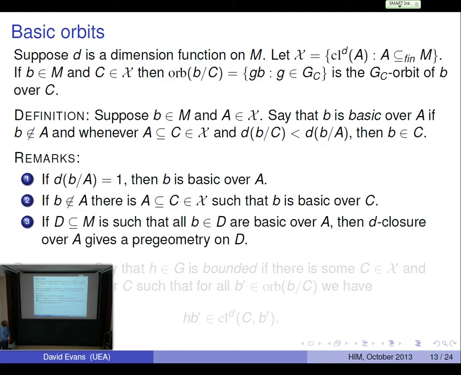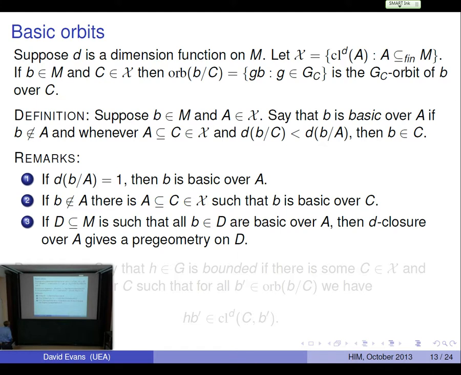It's all the places you can send B to using things from the pointwise stabilizer of C. Okay, so given B and A, one of these closed sets, we'll say that B is basic over A if B is not in A, and whenever C contains A and the dimension of B over C is less than the dimension of B over A, then B is actually in C. So the dimension of B over A is as small as it can be without it being 0.